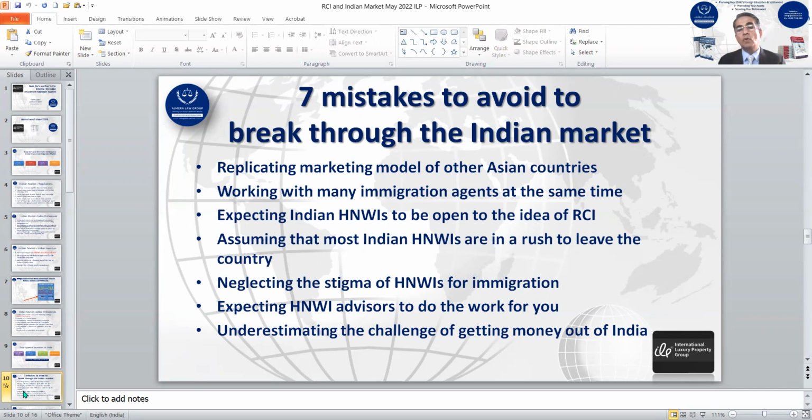Also, as I mentioned before, understanding the challenges of getting money out of India is important. That itself is a big hindrance. Sometimes, when we get an invoice from a lawyer or developer or agent to transfer the client's money from India to other countries, it takes 2 weeks, 3 weeks, or 4 weeks. And the professionals outside India get frustrated.